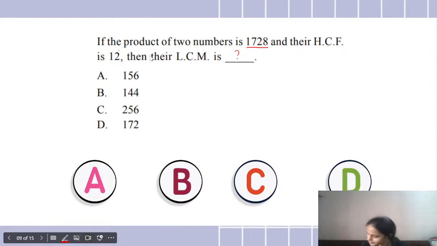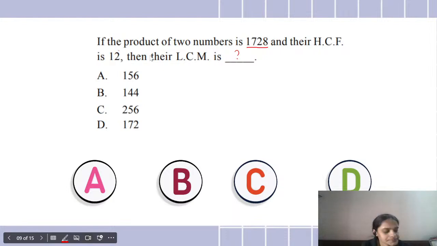Once again, Ritika has given the answer. Sorry, only Ritika has given the answer yet. Come on, children, it's not that difficult. You all can do it. And this definitely can go faster.